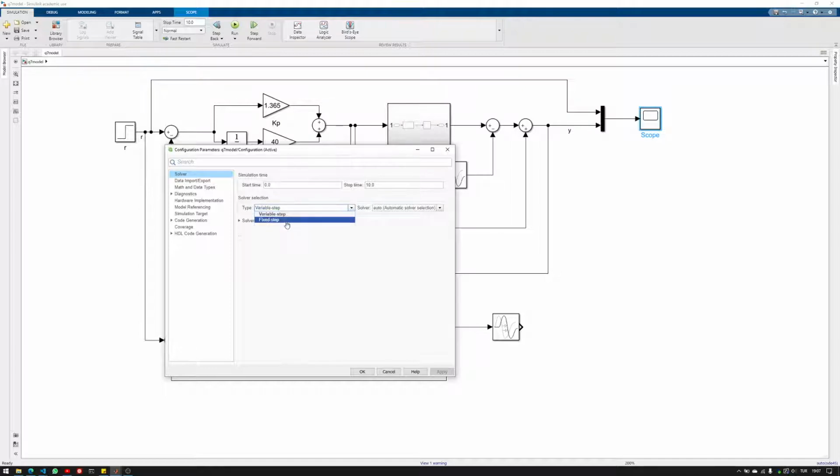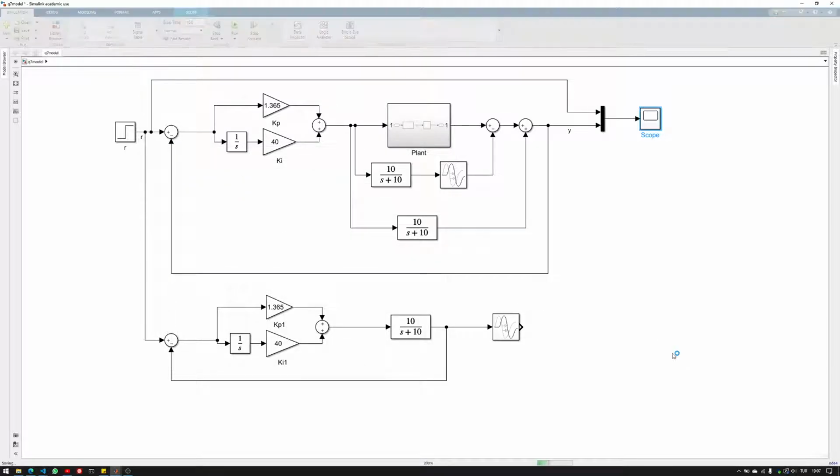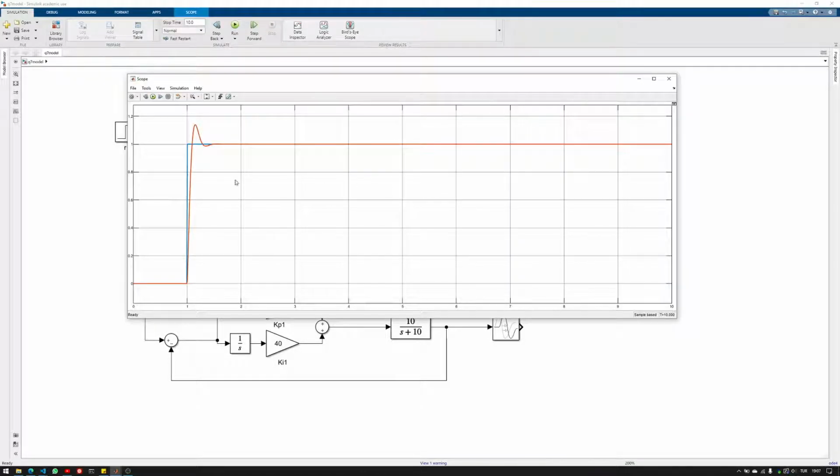Let's make it a fixed step size, and then maybe from the cutoff, and then sample time of 0.01. So let's run it again. There we go. We have our output.